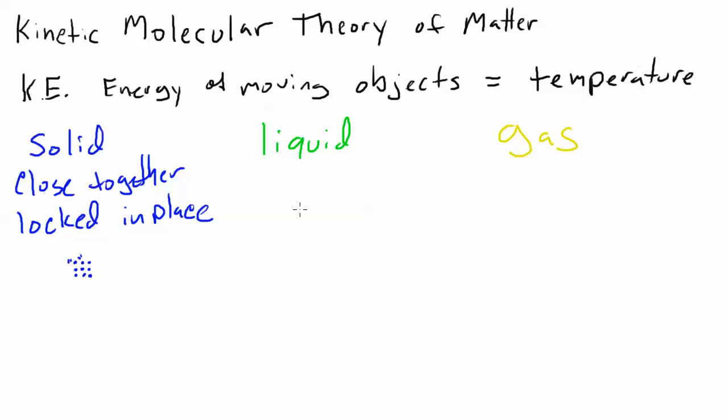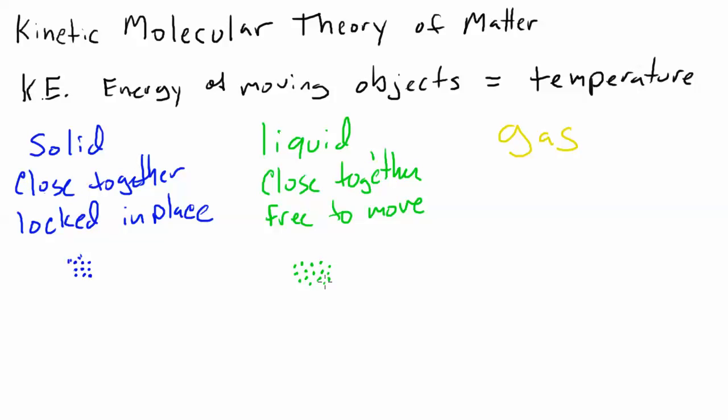But if you look at the particles of a liquid, they're still close together, but they're free to move. They might be close together, but they can freely move around past each other.